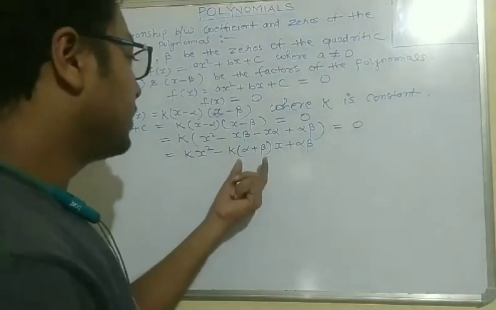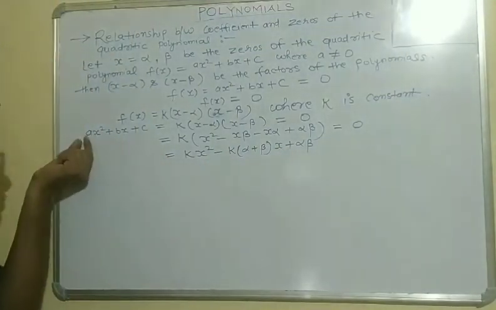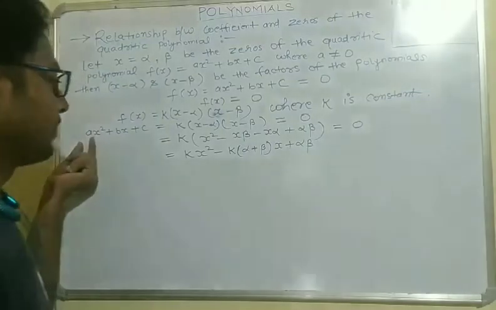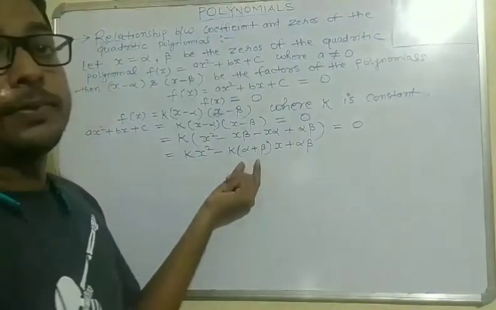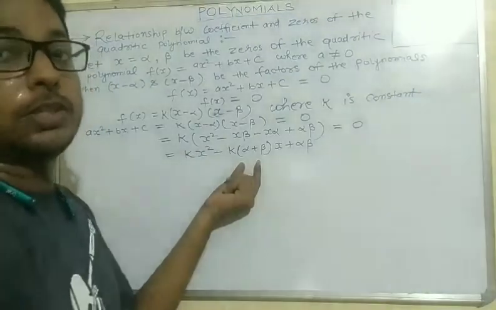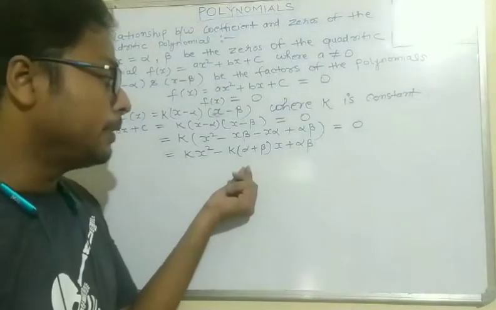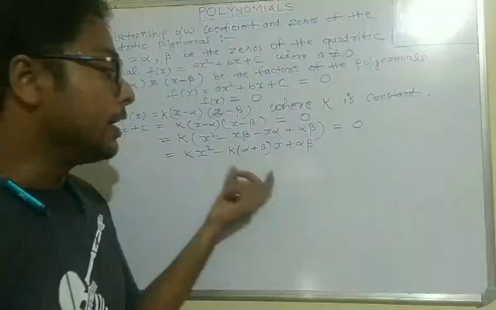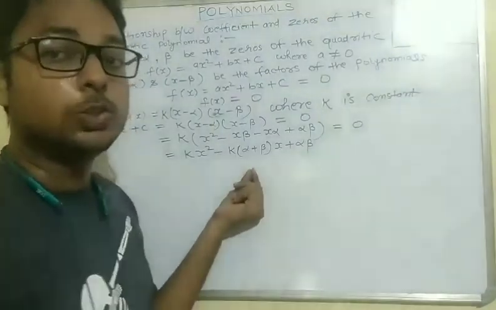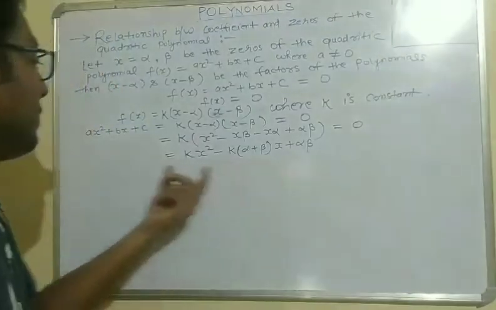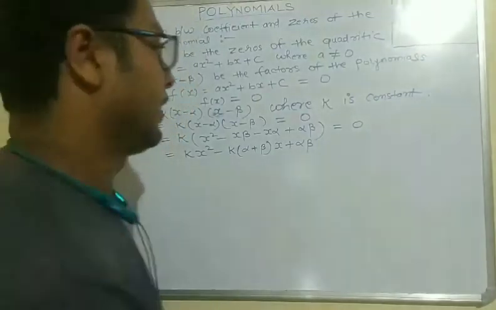Now comparing the coefficients of x square and x with the coefficients of the main equation, we will get some value of alpha and beta, that will be the sum of zeros and product of zeros, because alpha is a zero of the polynomial and beta is a zero of the polynomial. If we add them, it will be called by a new name, that is the sum of zeros of the polynomial. Now I will compare it with the coefficients of ax square plus bx plus c.